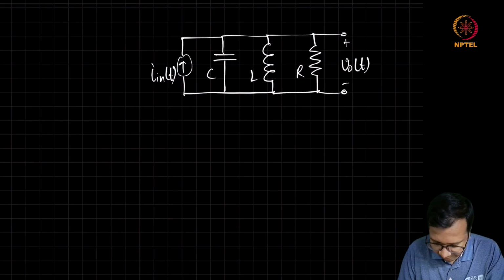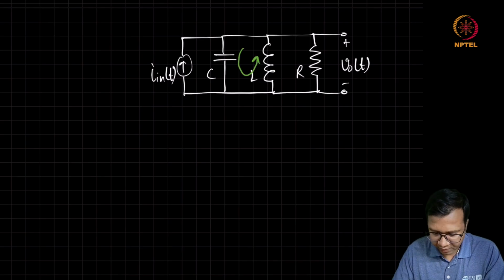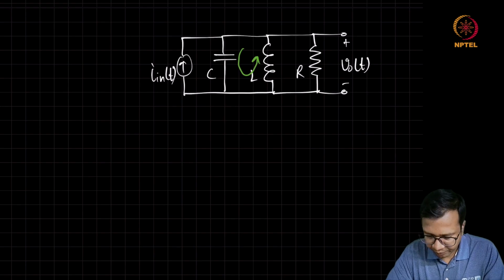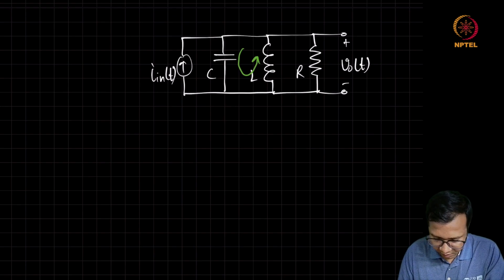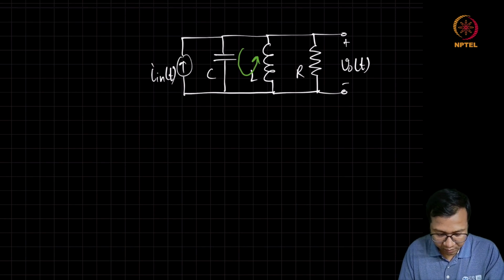So we can see that within this inductor and capacitor loop, there is an exchange of energy, whereas part of this energy is always leaking towards this resistance. Since we have some output voltage, this V0 by R current is going to flow through this R. So as a result, slowly the stored energy is going to dissipate through this resistance.